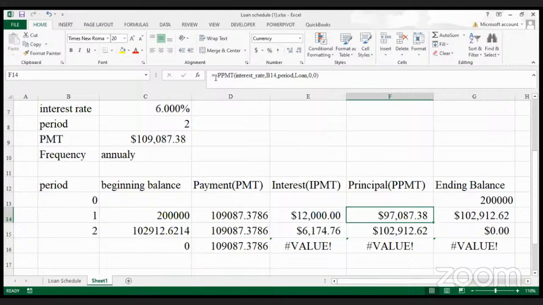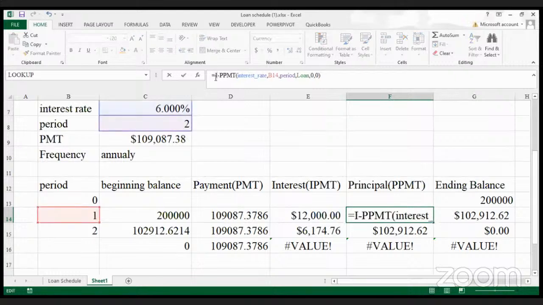Come to this part and say if period is greater than or equal to period column, comma, it should give us this entire answer. If not, it should return to us an empty cell.